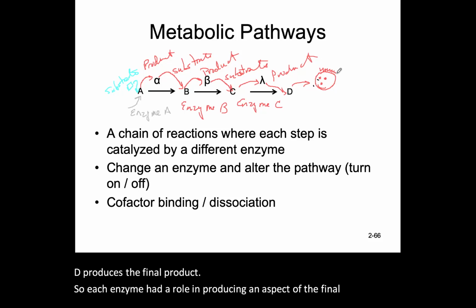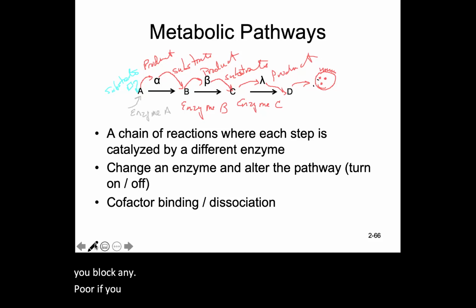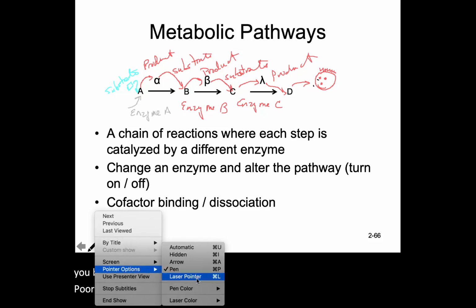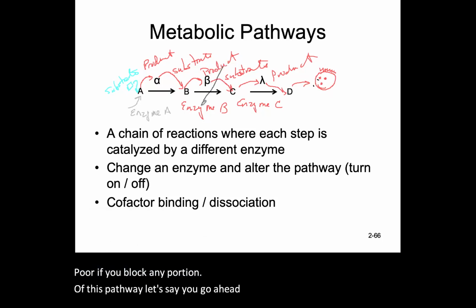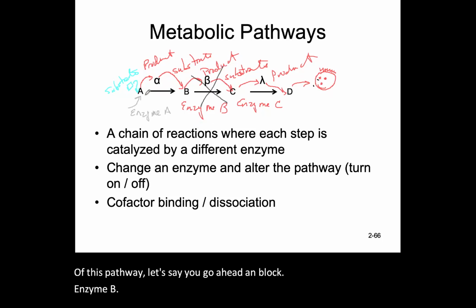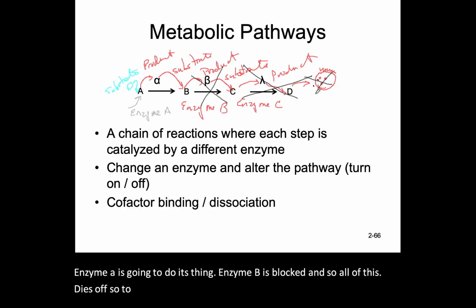If you block any portion of this pathway, let's say you block enzyme B, well, enzyme A is going to do its thing. Enzyme B is blocked, and so all of this dies off, so to speak, figuratively speaking.